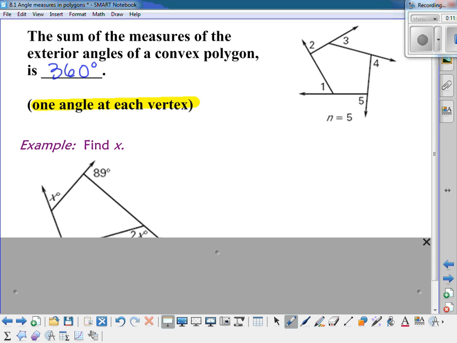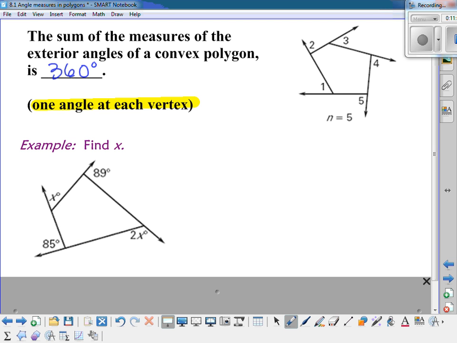So for example, if I have a problem such as this, I can solve for x because I know the sum of my exterior angles is 360. So x plus 89 plus 2x plus 85 has to add up to 360 degrees. If I combine my like terms, I've got x and 2x, which is 3x, and then 89 plus 85 is 174, and that has to equal 360.